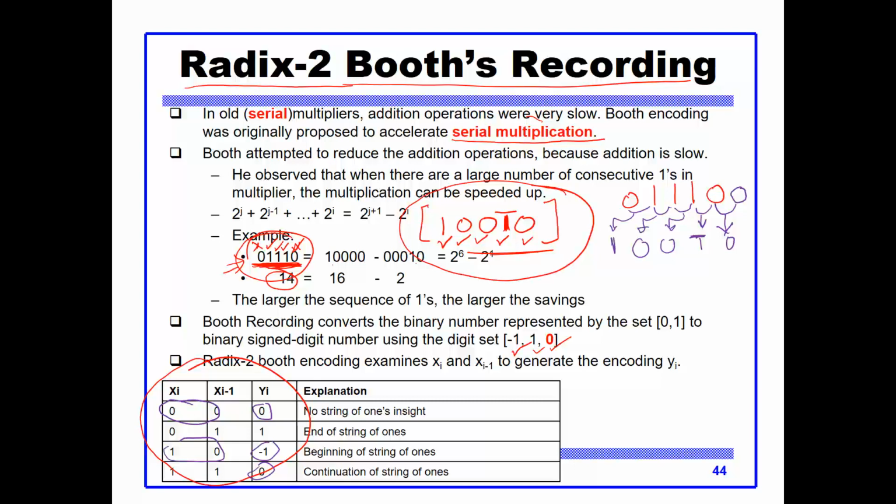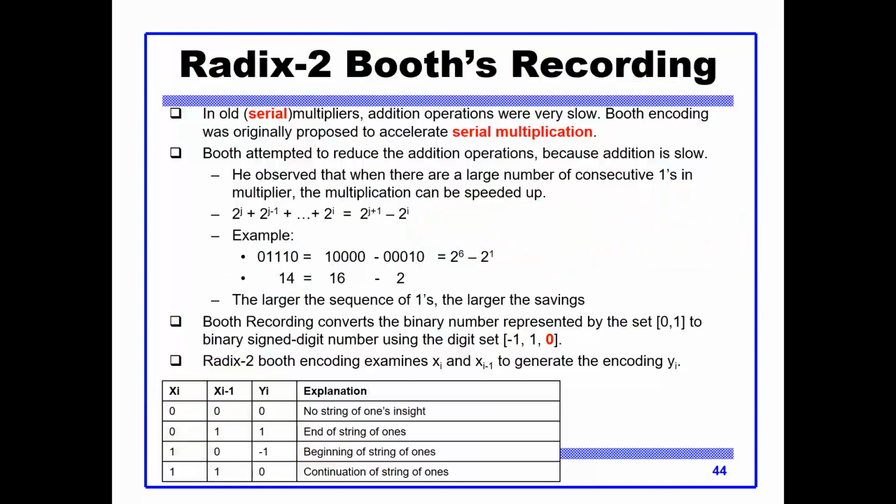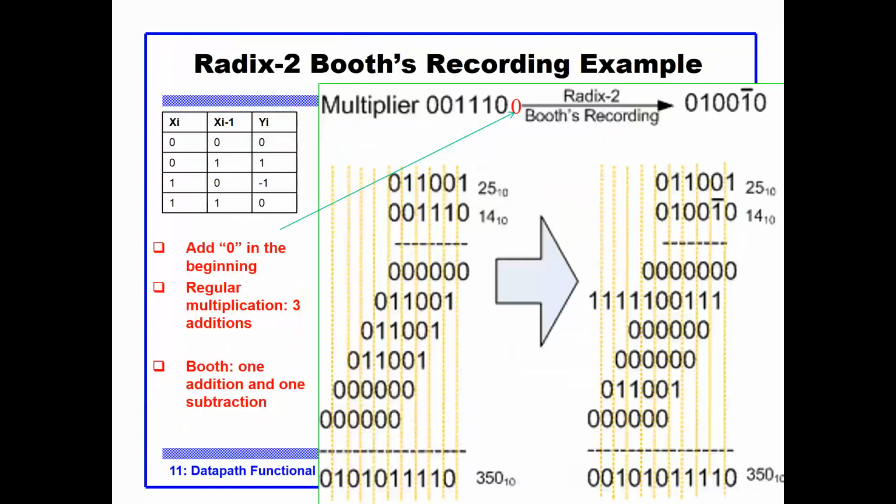So now notice that this is my Booth Radix-2 recoding, or Booth encoding. So this is -1 here. Now I converted this number into Booth recoding.